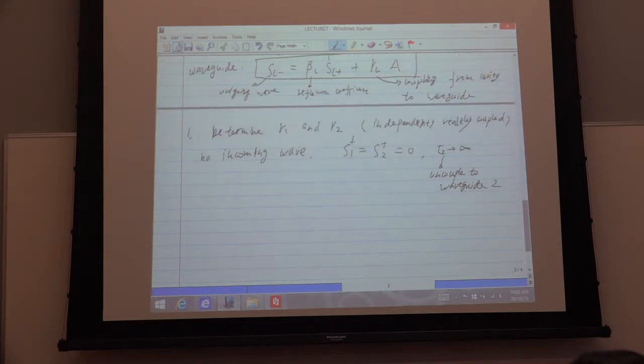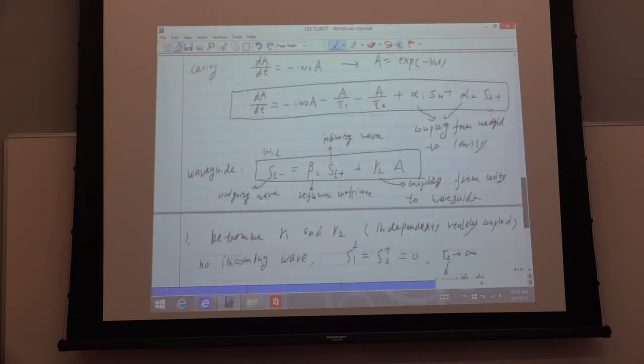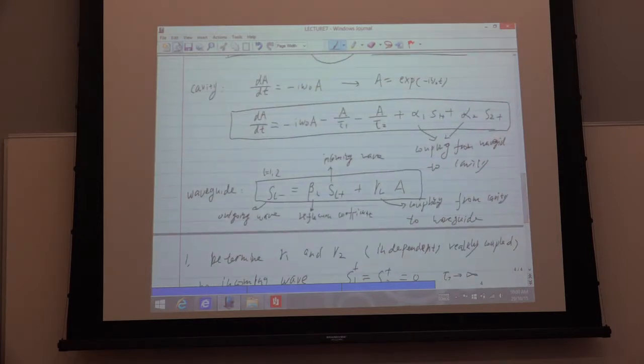Here you can verify, very simple. The energy change over time is just equal to minus tau 1 over A squared. So you can see this equation. I go to the first equation. Tau 2 goes to infinity, so it is 0. It's not coupled to waveguide 2.